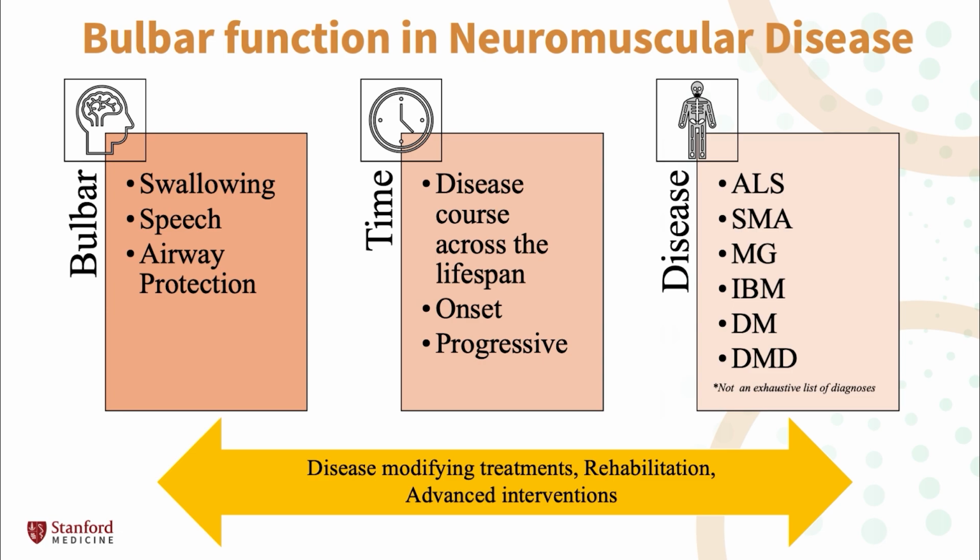And then we've got diseases with different trajectories, so some being progressive with different courses in terms of the severity or the rapid versus slow progression of their symptoms. We're also talking about today multiple neuromuscular diagnoses. This is not an exhaustive list, just a little smattering, but each of these diseases affects bulbar function in a different way across the lifespan.